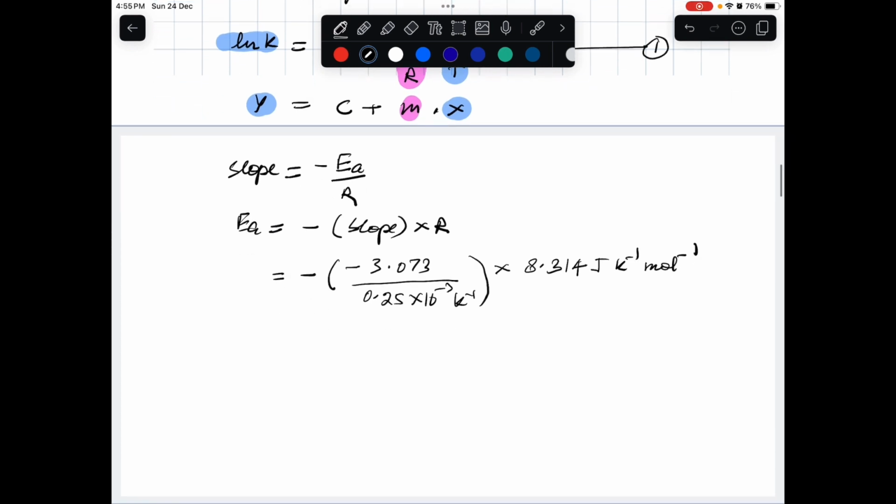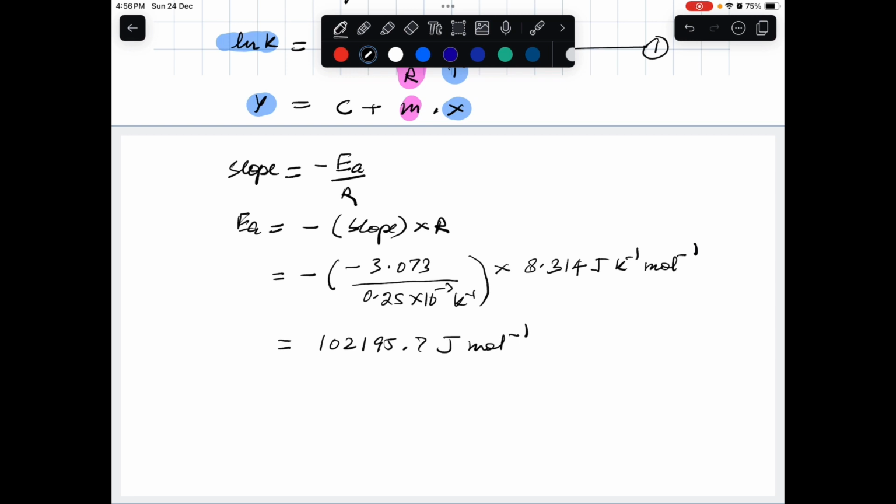The minus signs cancel out, and the Kelvin per Kelvin cancels. On simplification, energy of activation is a positive value, so minus will become plus, so it will be 102195.7 joules per mole.